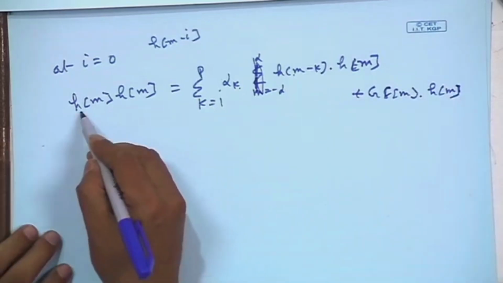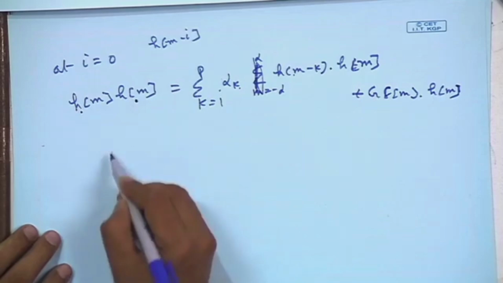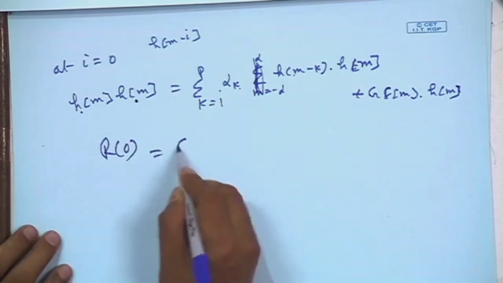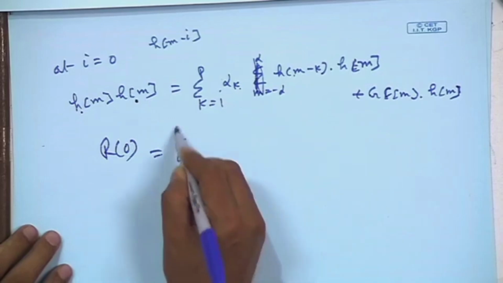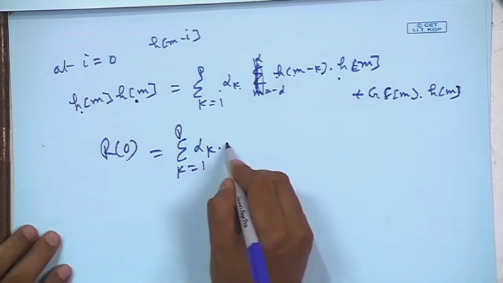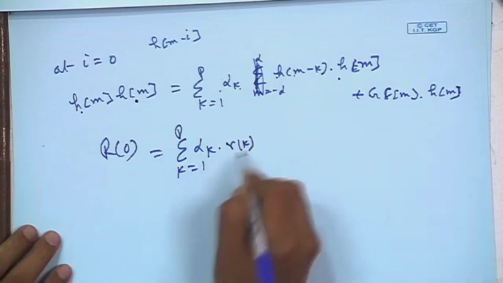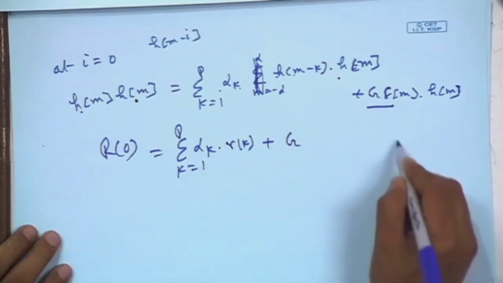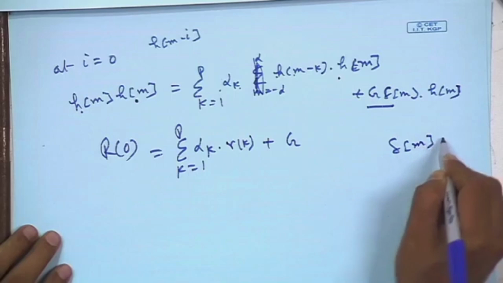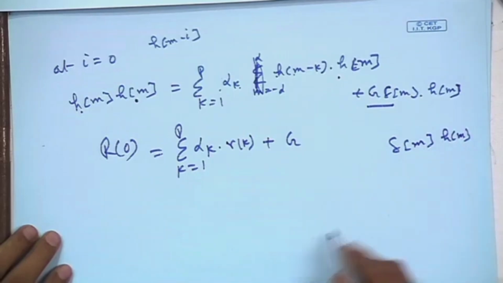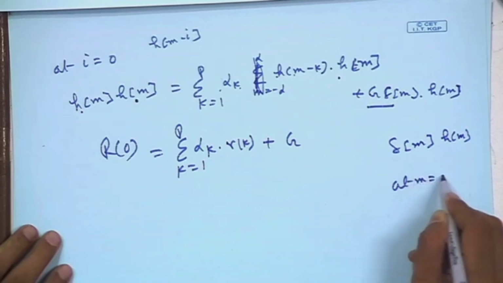Now, h(m) into h(m) is nothing but the autocorrelation R(0), minus the sum over k equal to 1 to p of alpha k, which is nothing but R(k), plus g times delta(m) into h(m). Delta(m) only exists at m equal to 0.